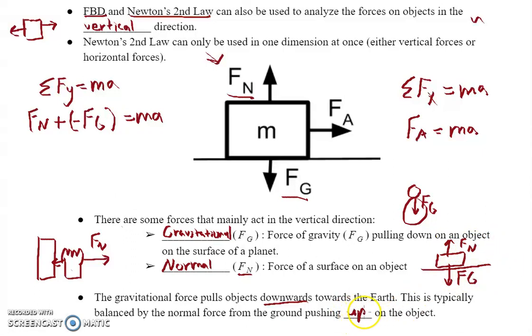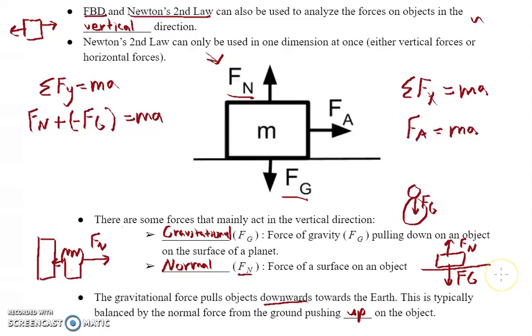So again, that's a common scenario. If you have an object just sitting on the ground, unless it's falling through the ground, the force of gravity is being balanced by the normal force. So keep that in mind. If you just have an object sitting, not moving in the vertical direction at all, you're going to have that pair of forces acting.